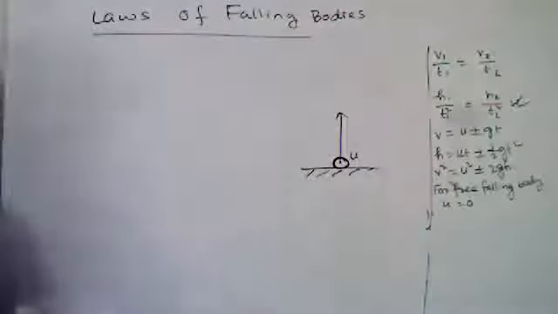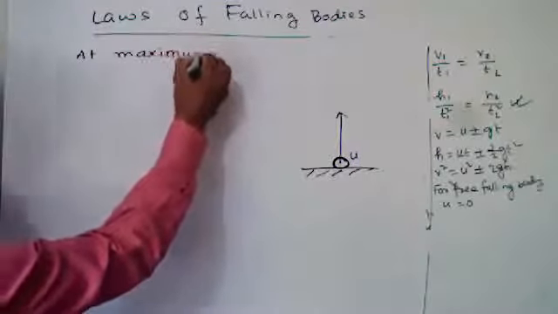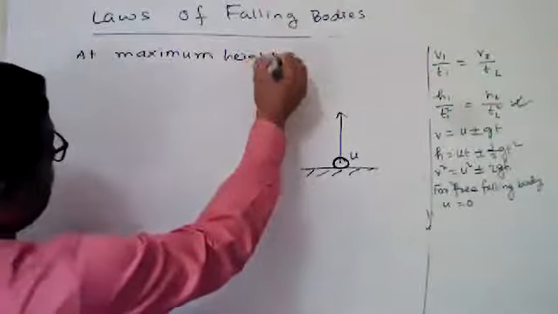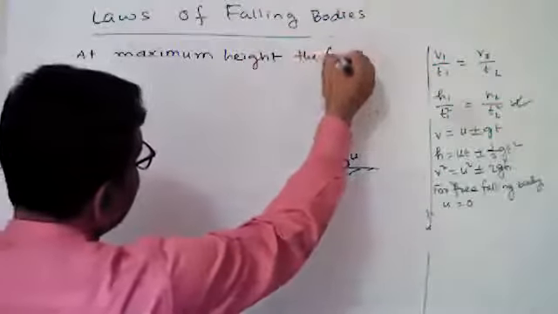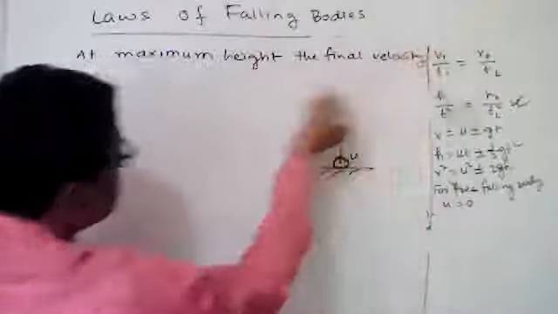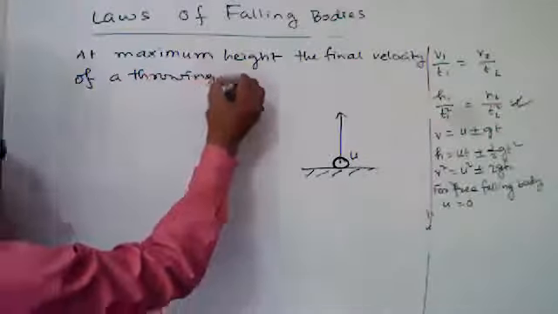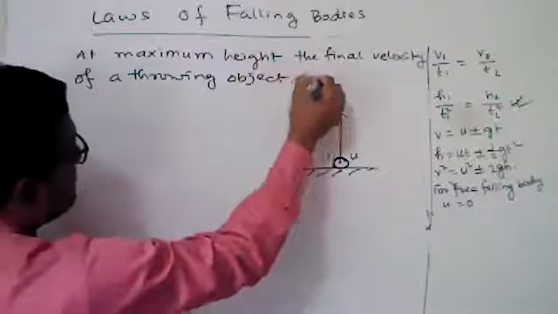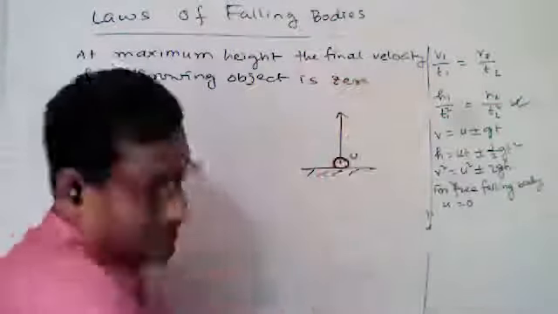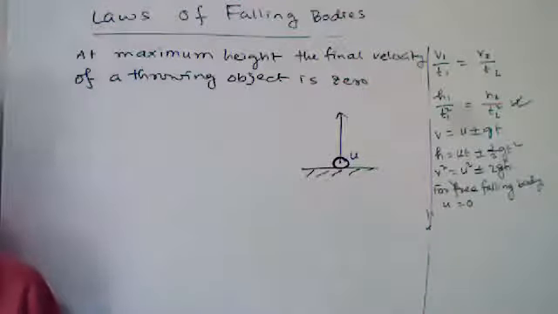So you have to remember this: at maximum height, the final velocity of a thrown object is 0.